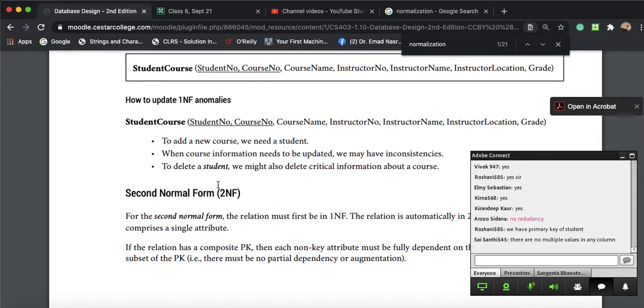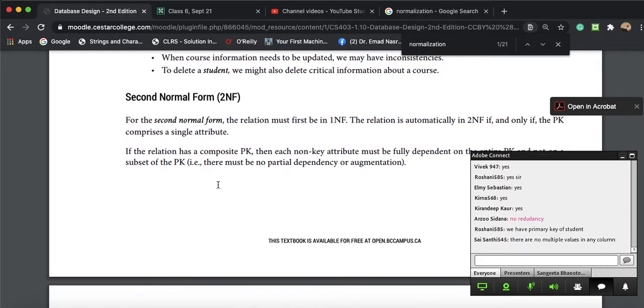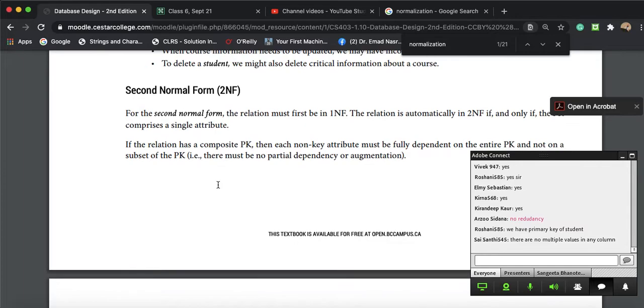Okay, let's understand the second normal form. Before we start checking if the relation is in the second normal form, it has to be in the first normal form.